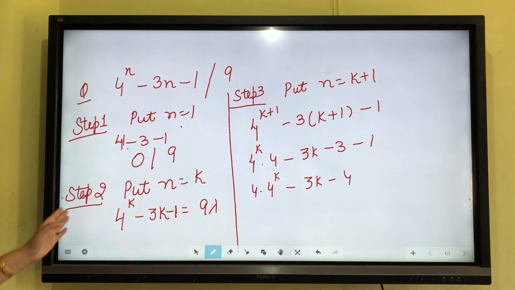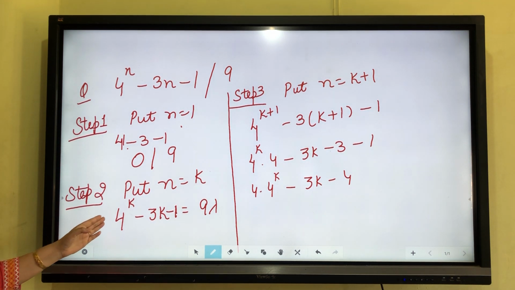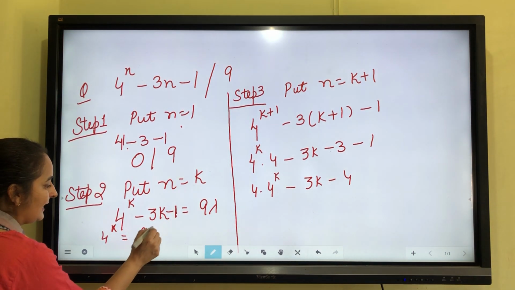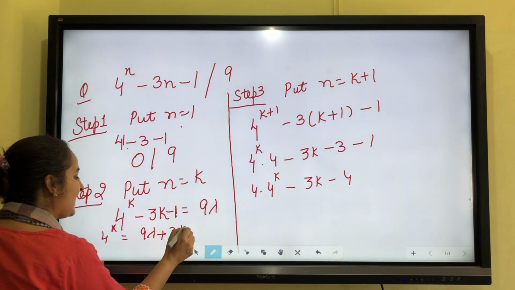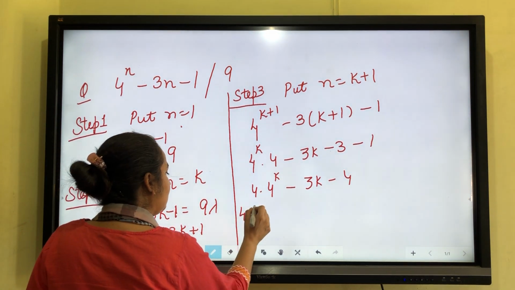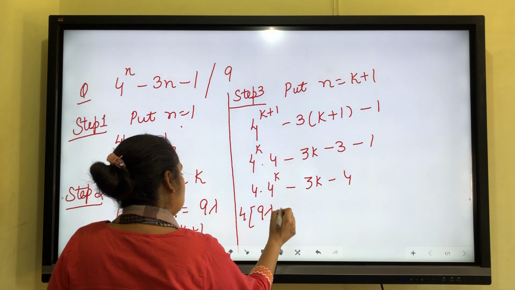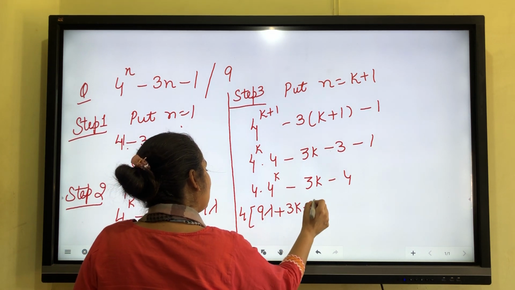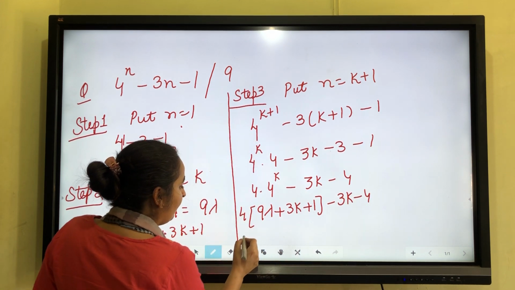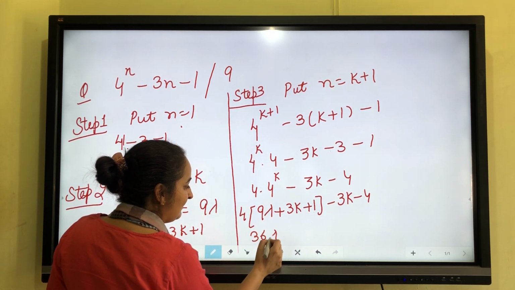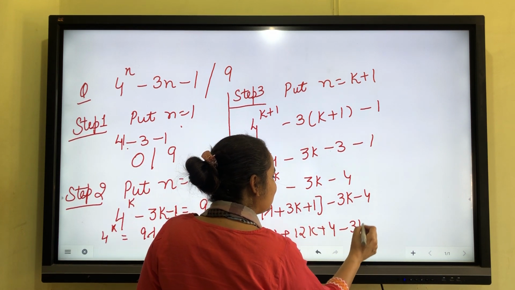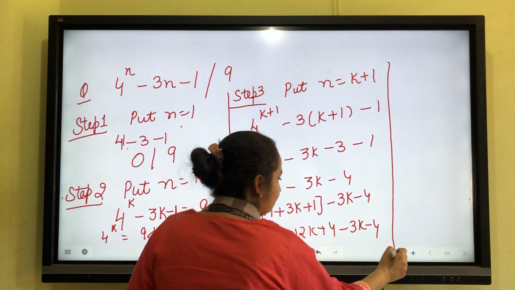Now use the second step. Here the question has 4 power k. Find the value of 4 power k, that is 9 lambda plus 3k plus 1, and fill this value here. 4 into 9 lambda plus 3k plus 1, minus 3k minus 4. 4 multiply 9, 36 lambda, 12k plus 4 minus 3k minus 4.